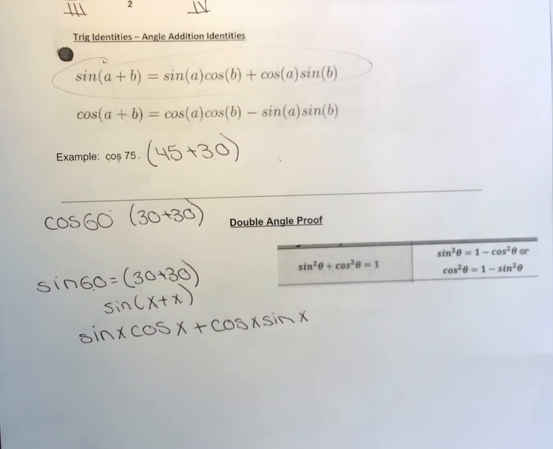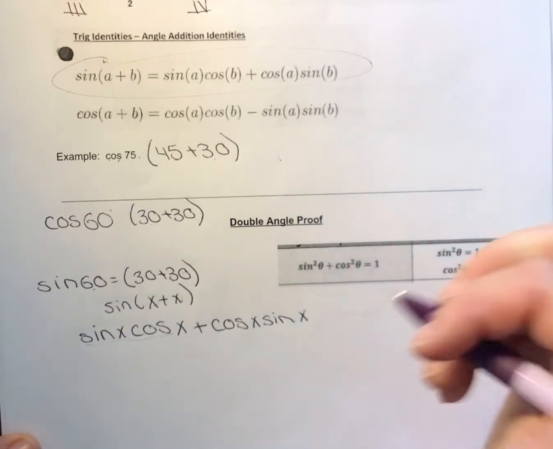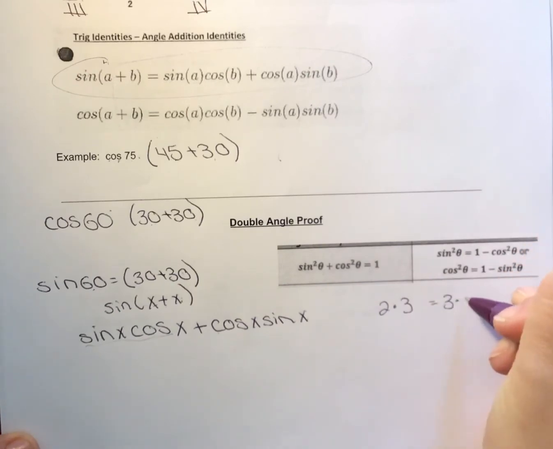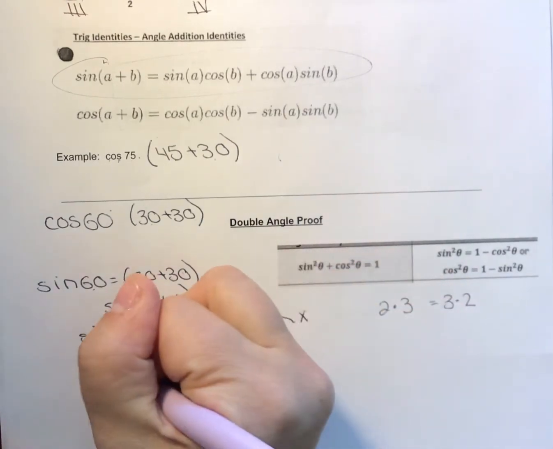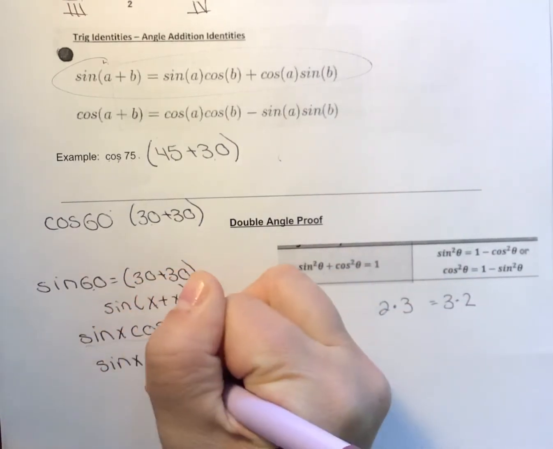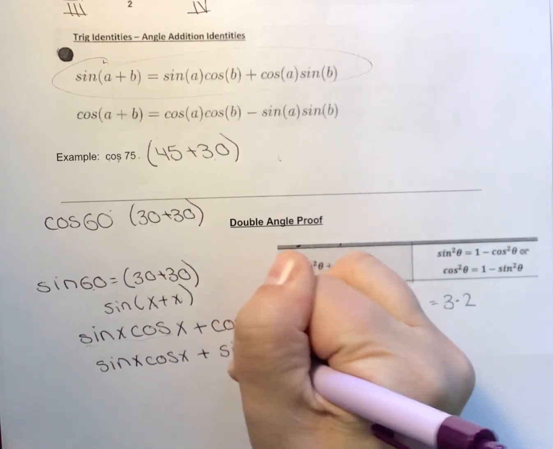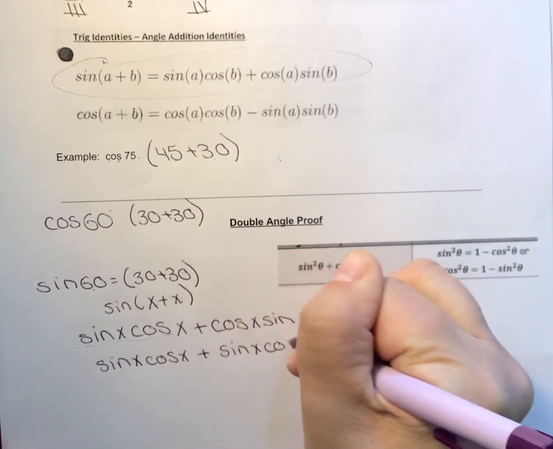Okay, so let's take a look and see what this is. So sine x, cosine x is the same as cosine x, sine x. This is like saying 2 times 3, that's actually the same as 3 times 2. You get the same answer, 6, you're just looking at it differently. So we can actually write this second one as sine x times cosine x.